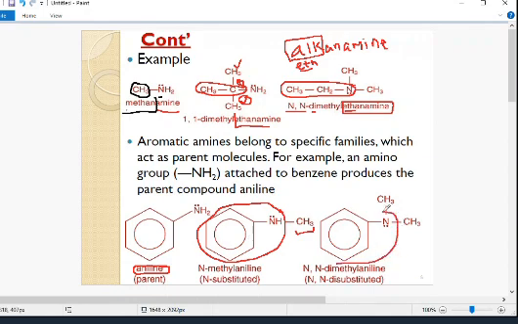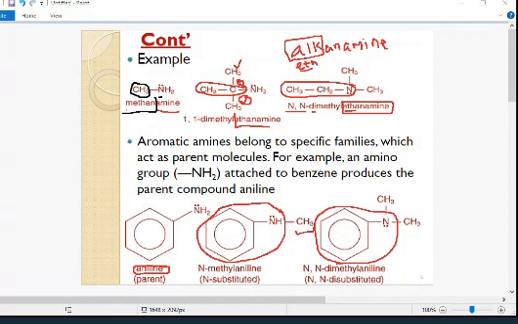Again, we have this one, an aniline on its own, but with 2 methyl groups attached to that particular nitrogen, and therefore we call it N,N-dimethylaniline.